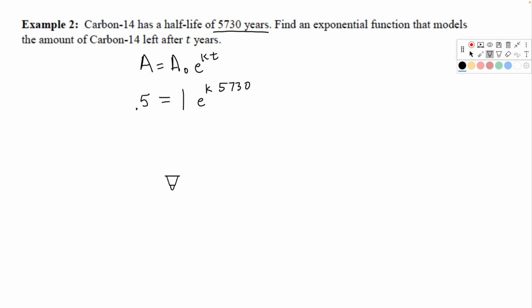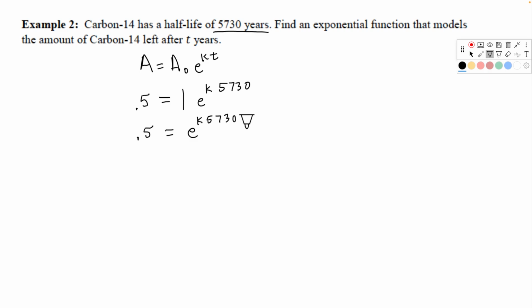You would do a division first, and it's always equal to 1/2 or 0.5. So it doesn't matter what you choose for what you start with, as long as you end up with half, you're going to have the same formula, which is 0.5 = 1 times e to the k times 5,730. Okay, does that make sense?